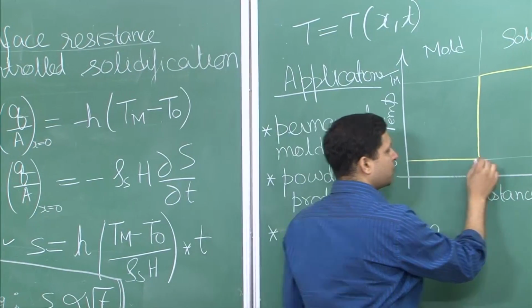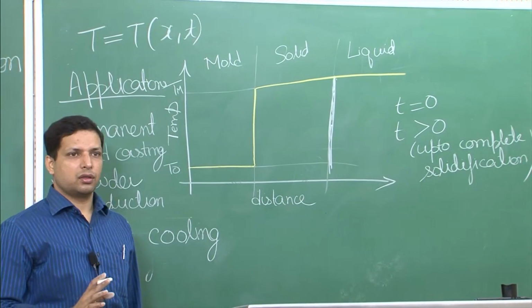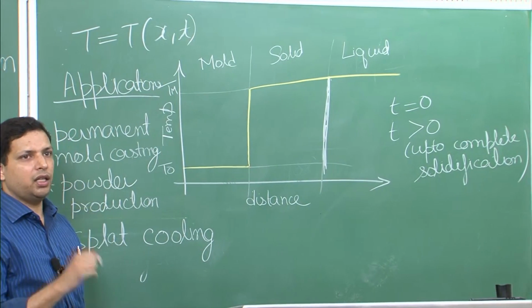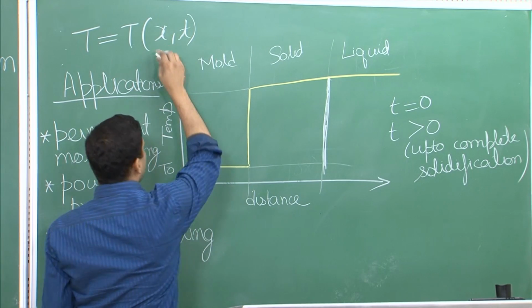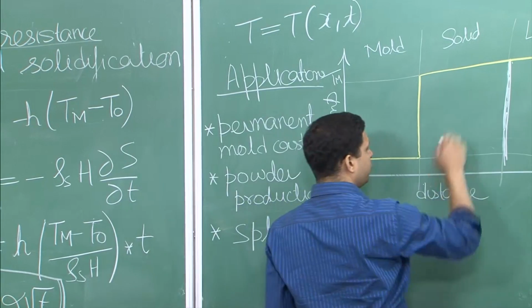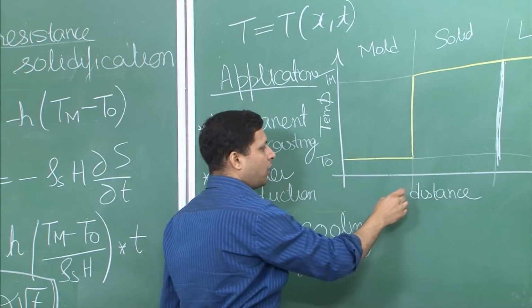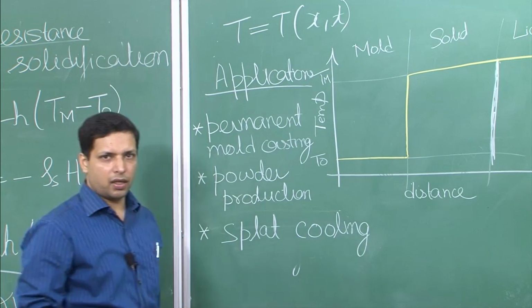This is how the temperature profile would remain throughout the solidification process. It is not changing. We are not getting any variation over here. So the simple equation for T as a function of x and t would be that T is equal to Tm for all x greater than or equal to 0, and T is equal to T naught for all x less than 0.